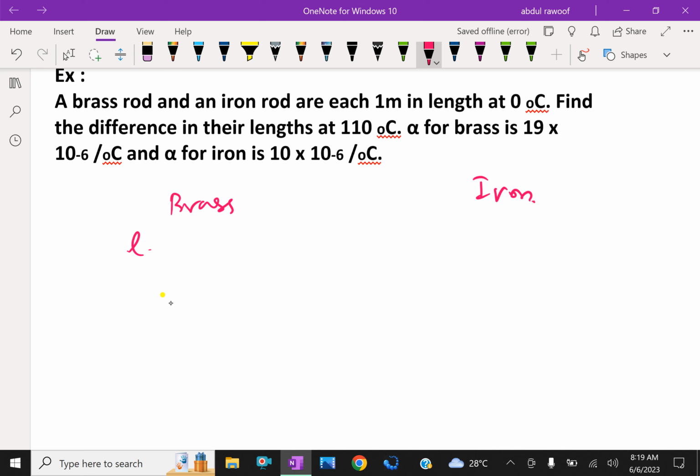For brass, L1 we can write as L1BR, which is 1 meter.